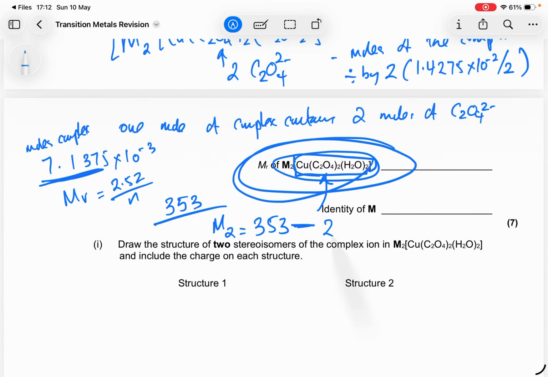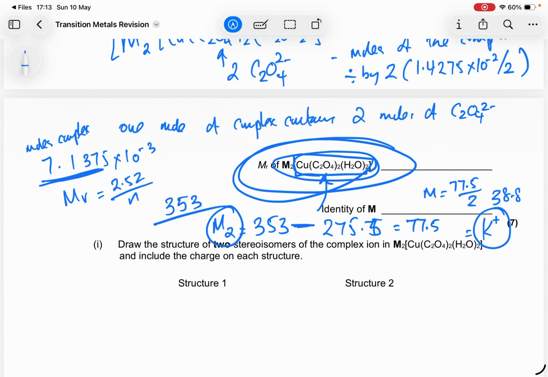And that comes to 275.5, which gives you 77.5. So M equals 77.5 over 2 because it's M2, which comes to around 38.8, which is potassium.